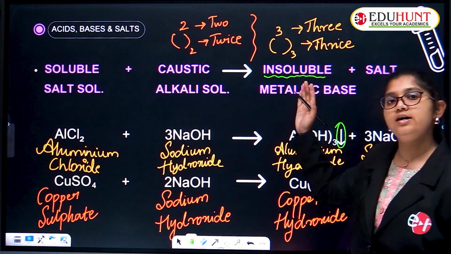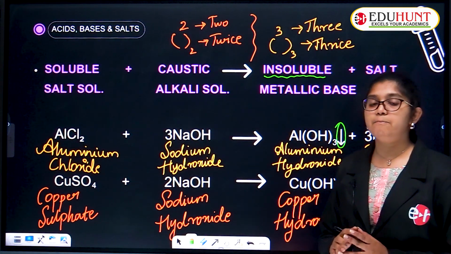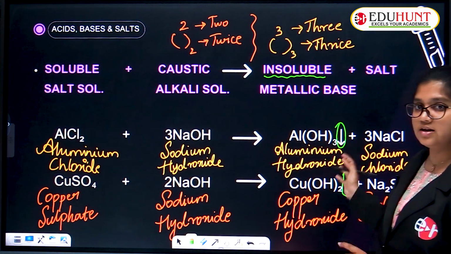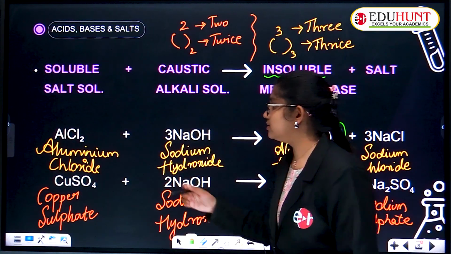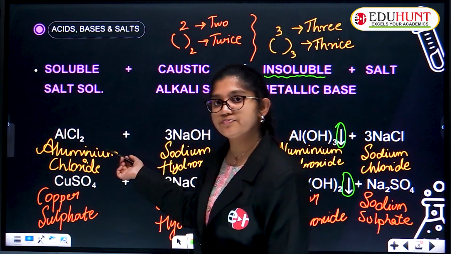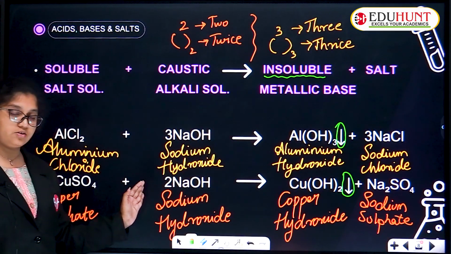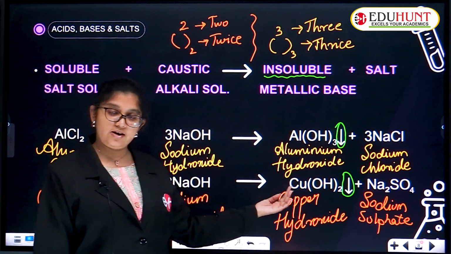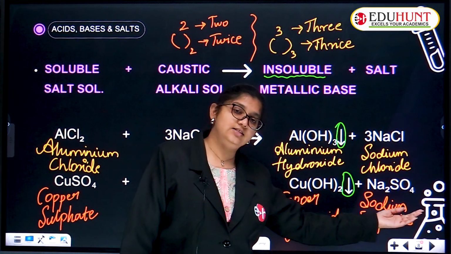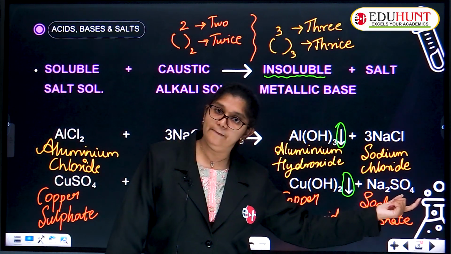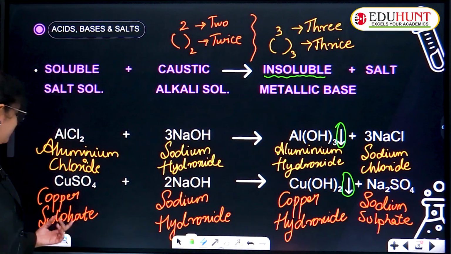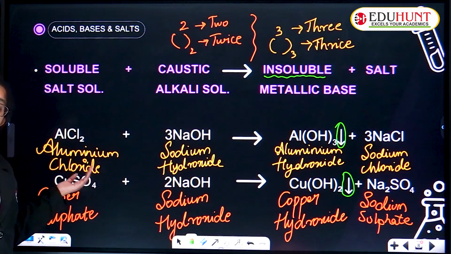What do we get? We get an insoluble metallic base and also a salt. In the first example, when we add aluminium chloride to 3 molecules of sodium hydroxide, we get aluminium hydroxide as well as a salt. What is the salt here? Sodium chloride. Very good.